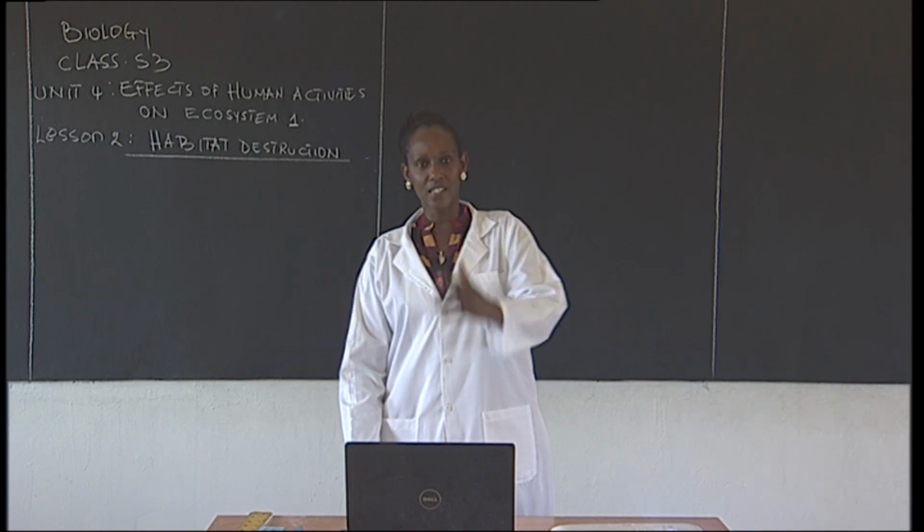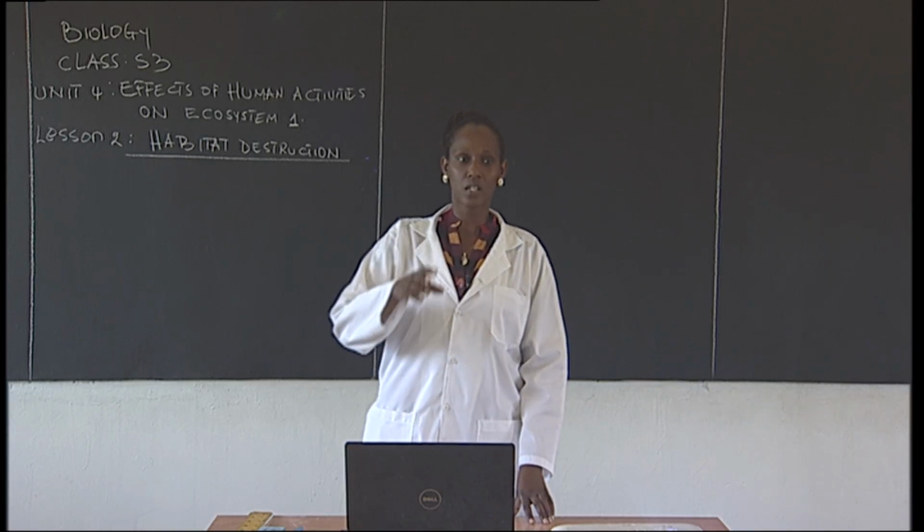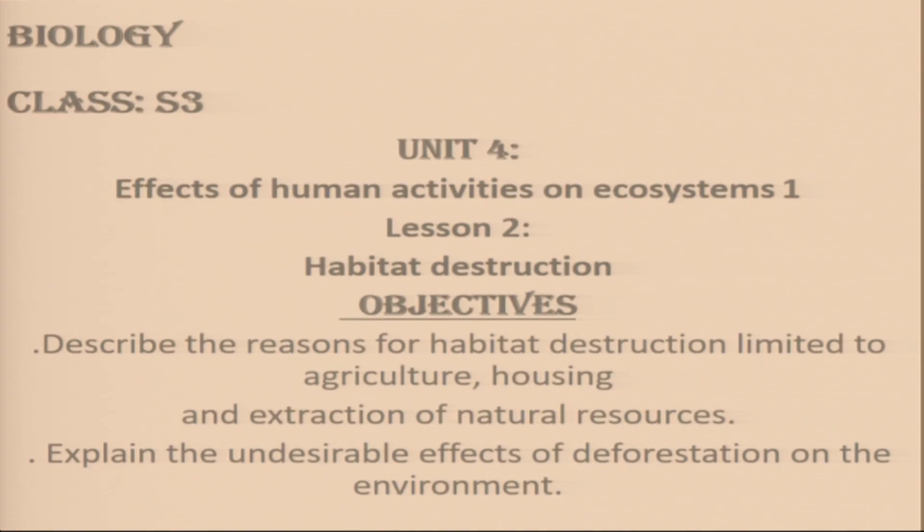So today's lesson is going to look at habitat destruction. Habitat what? Habitat destruction. And the objective of the lesson is, by the end of this lesson, everybody here will be able to describe the reasons, or what are the causes, for habitat destruction limited to agriculture, housing, and extraction of natural resources.